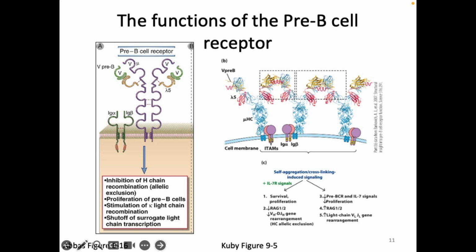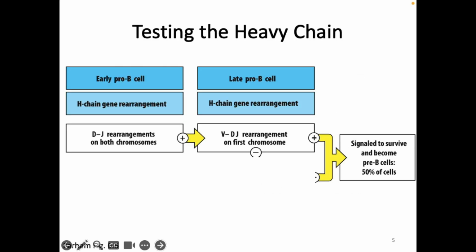And if you look way back here, you can see in reality, when we do the first step in the pro-B cell and we're doing D to J, both chromosomes tend to do D to J. But then somebody wins in terms of getting the V to DJ done first. As soon as that one's done, we try to put it on the surface and see if it worked.